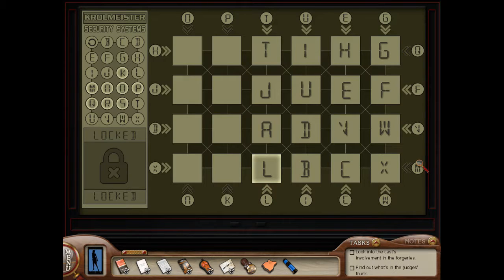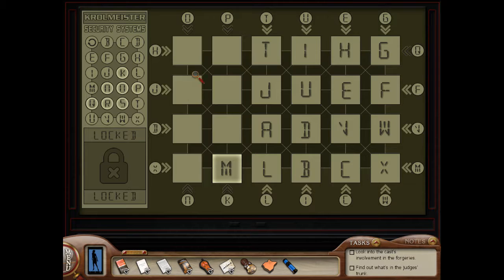M has to be in this row because of that, so that means it's going to have to go here. L, M, N has to go in this column. And O has to go in this column. So N and O, I mean, it could be like N, O, P. We already have the V and the D, so anything can go here. We have the F and the J. Anything can go here.